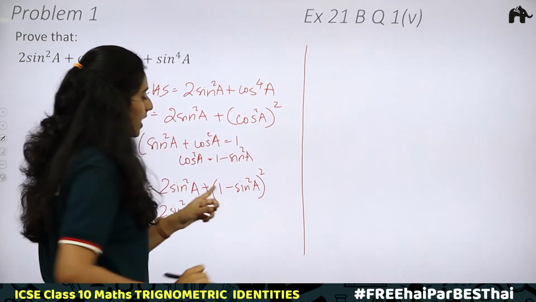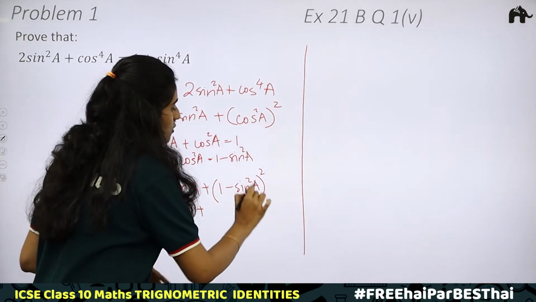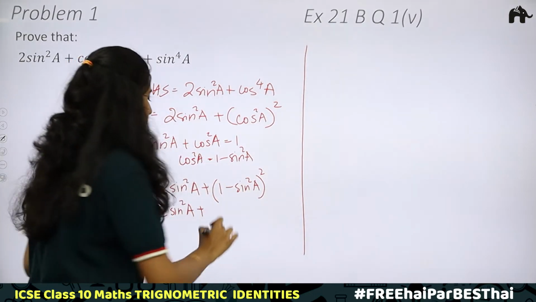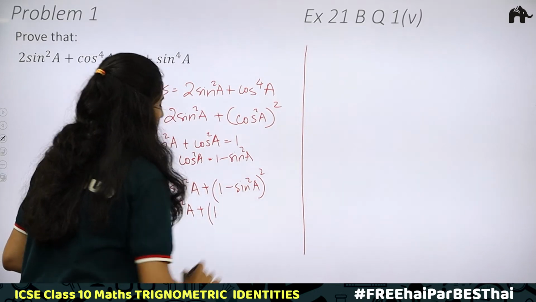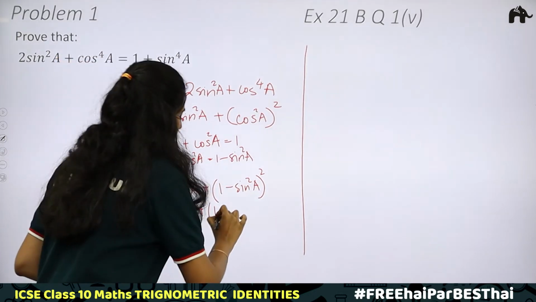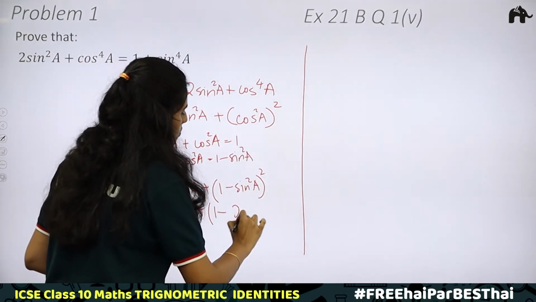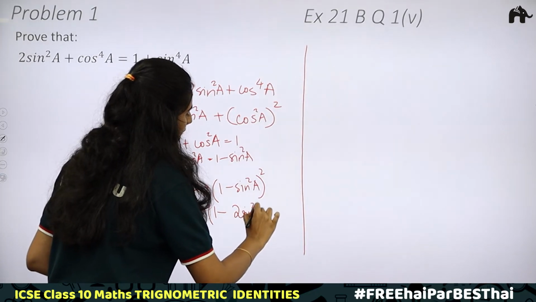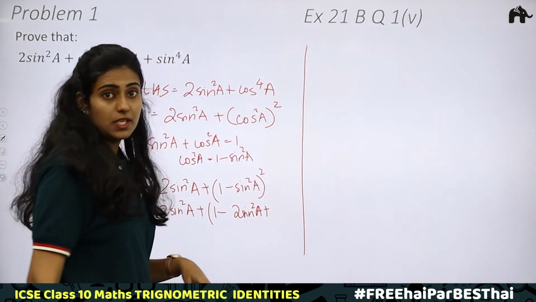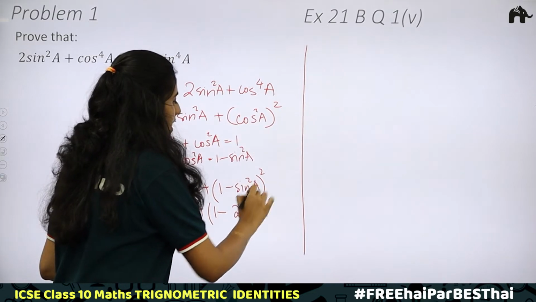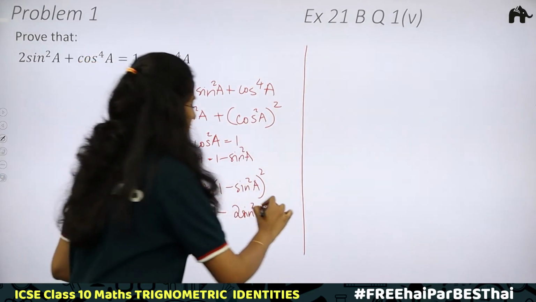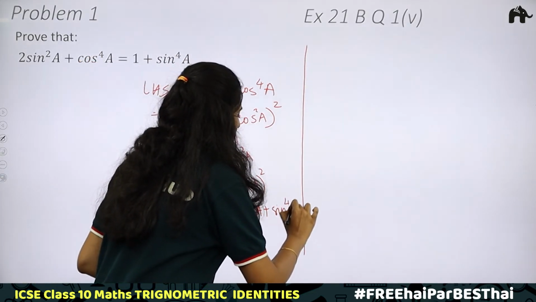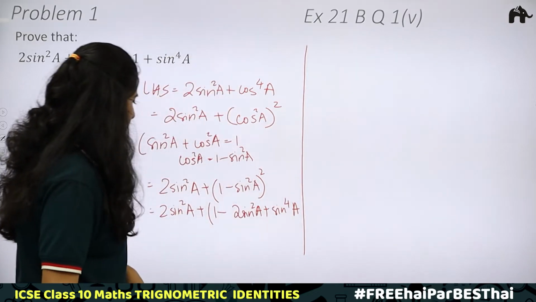Here in place of A we have 1 and in place of B it is sin square A. 1 square minus 2AB, 2 sin square A plus B square. What is B square? Sin square A whole square. Sin raised to 4A. Okay.